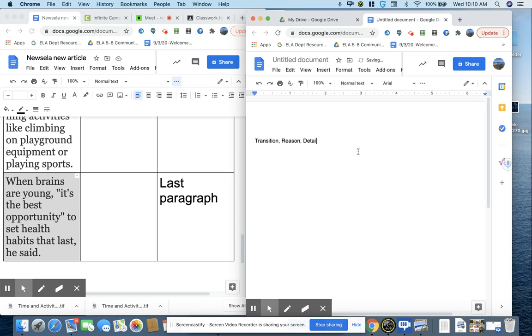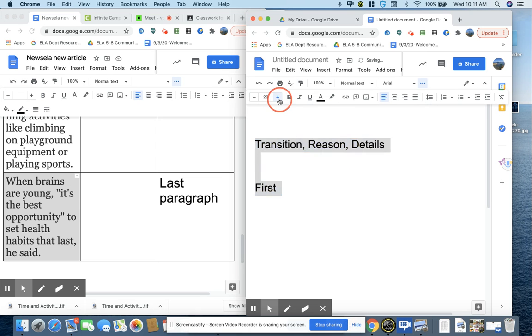So all I'm going to do is show you what a body paragraph would look like if I was going to say that kids should play sports. My reason would be that you should be teaching kids to play sports early in life. For my transition, I'll go with the good old "first of all." This is what a body paragraph should look like.